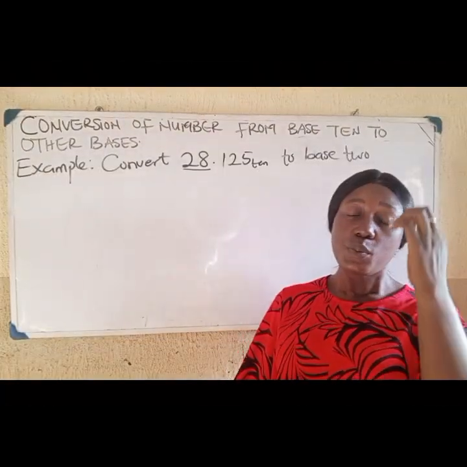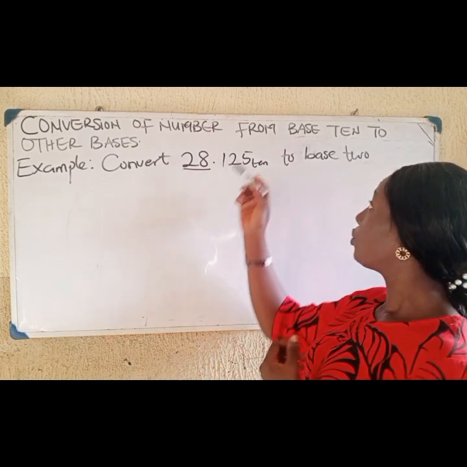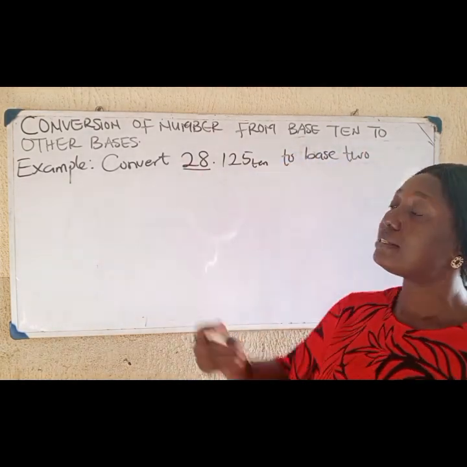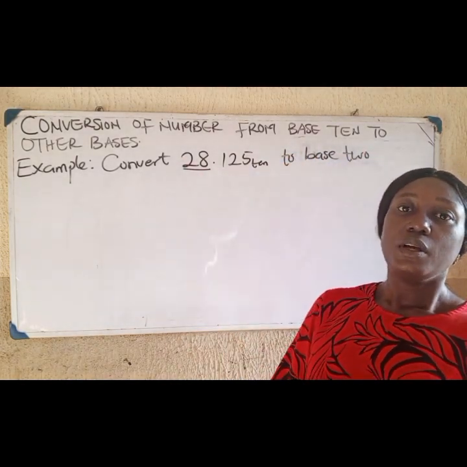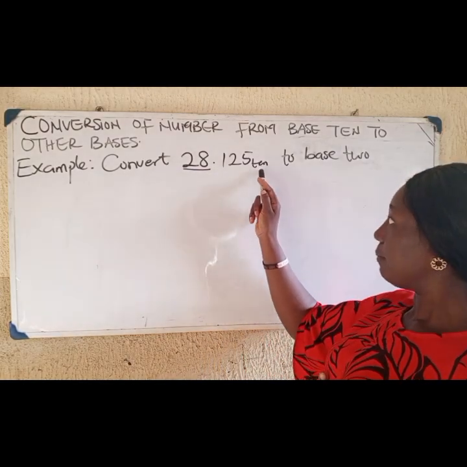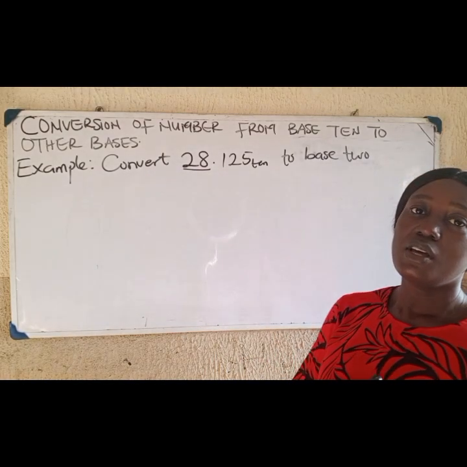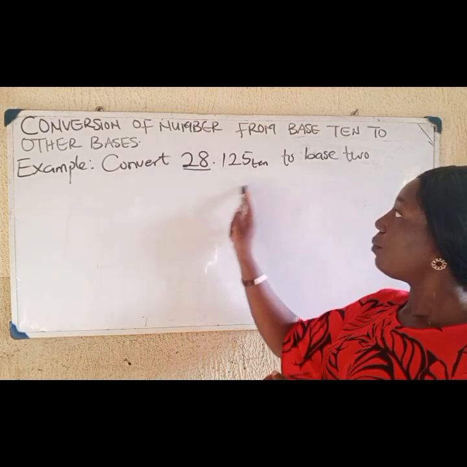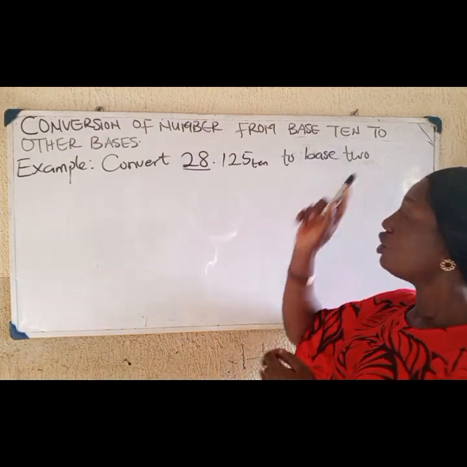Good. Let's also see one more example on how to convert numbers from base 10 to other bases. The example says convert 28.125 in base 10 to base 2. So at this point, look at the number we are converting to base 2.